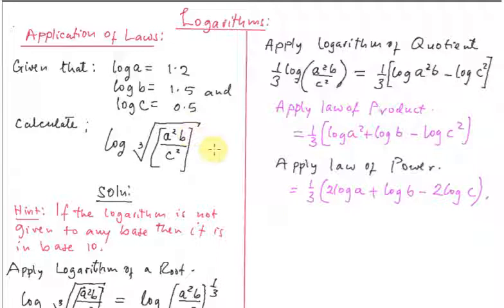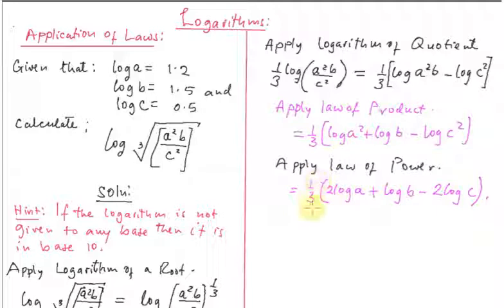Now what next? Next is to apply the law of power. Why are we applying the law of power? It's simply because we have this a power 2, and we have this c power 2. So we got to apply the law of power.